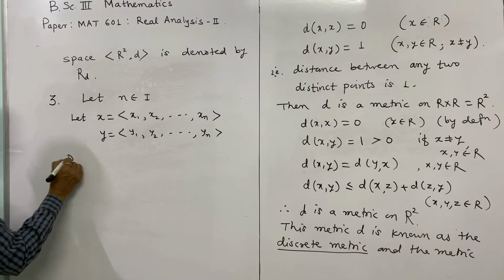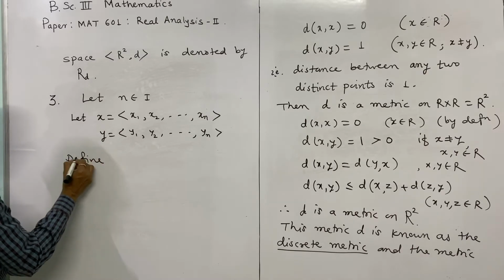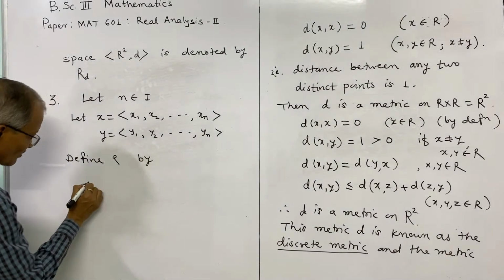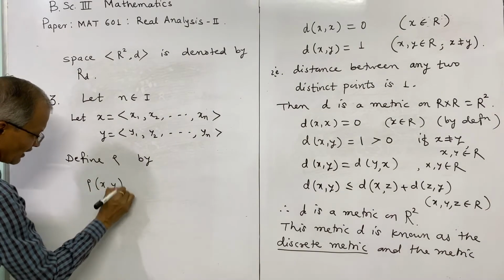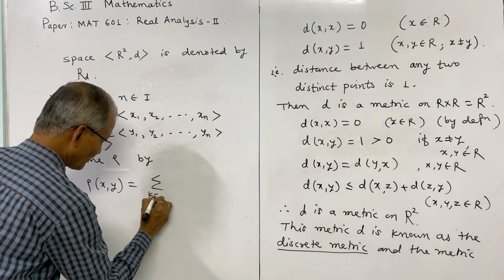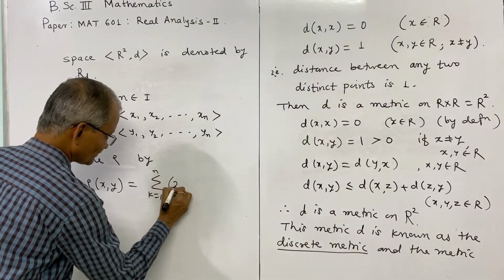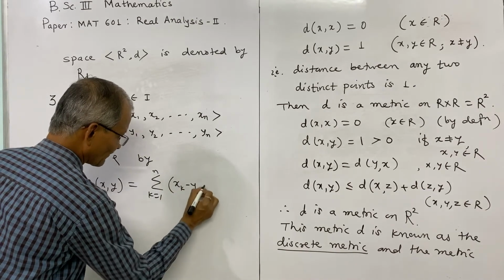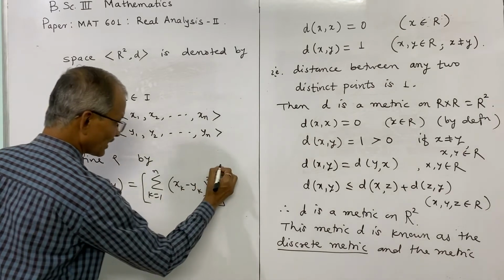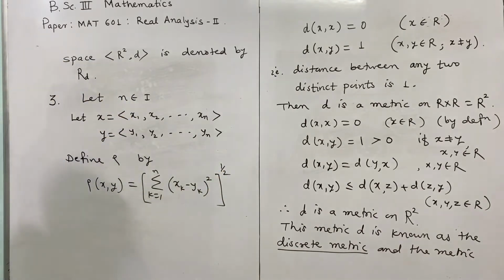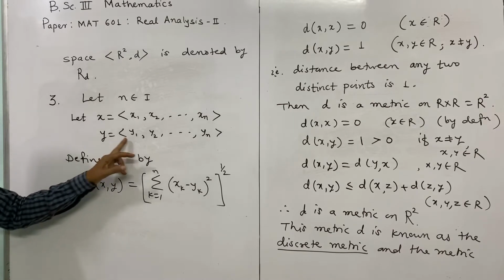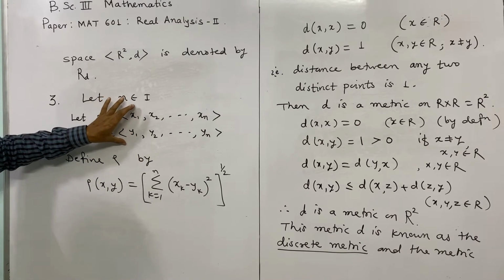Define rho by rho of x and y is equal to the summation k taking values 1 to n of (xk minus yk) whole squared, and this whole is raised to the power half. Then we shall verify this is a metric on this space of n dimensions.